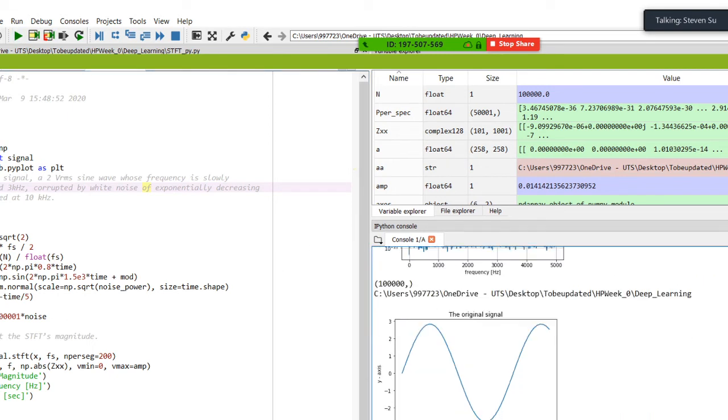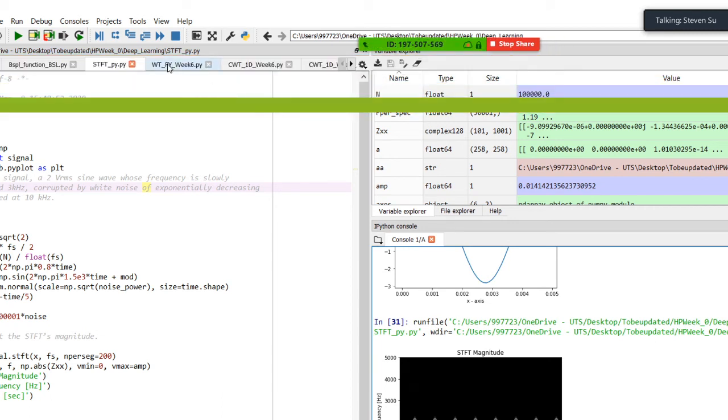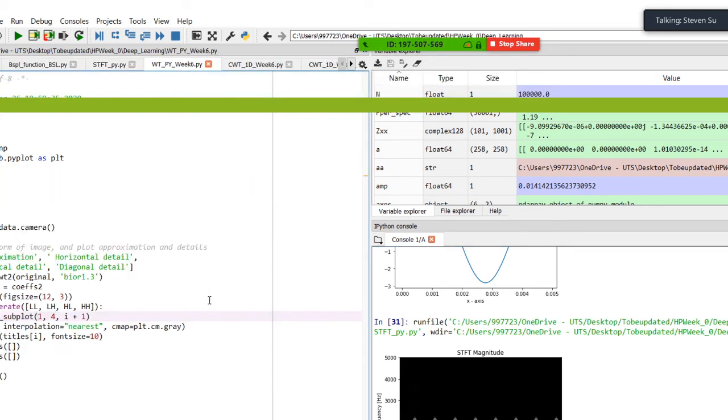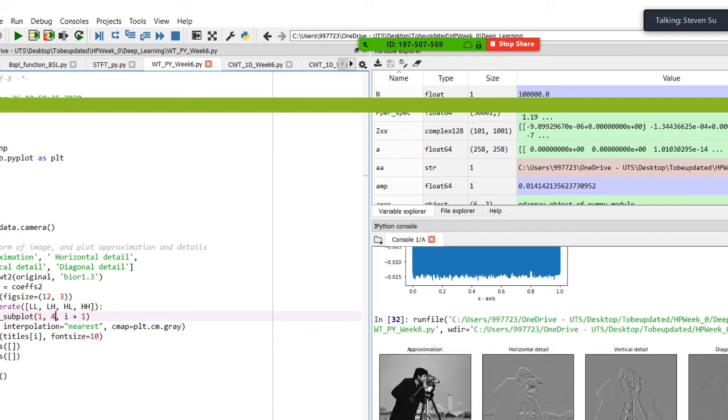They also have a wavelet transform, here for image processing. This is the original picture. Sorry, this is the approximation, which uses very little memory. And then this is the horizontal detail, and this is the vertical detail.